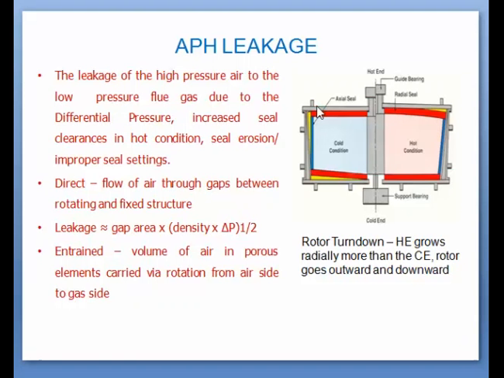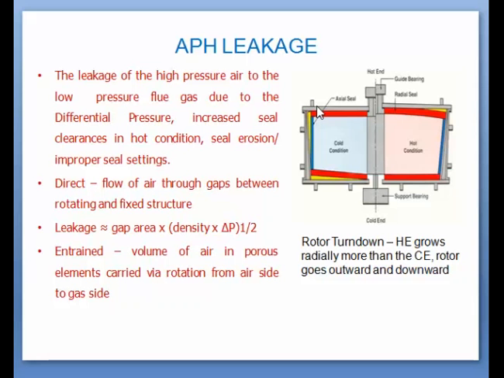So after learning about the air preheater, its functioning, its constructional details, and the different types of seals used there, now one of the more important, or more critical, areas is air preheater leakages.